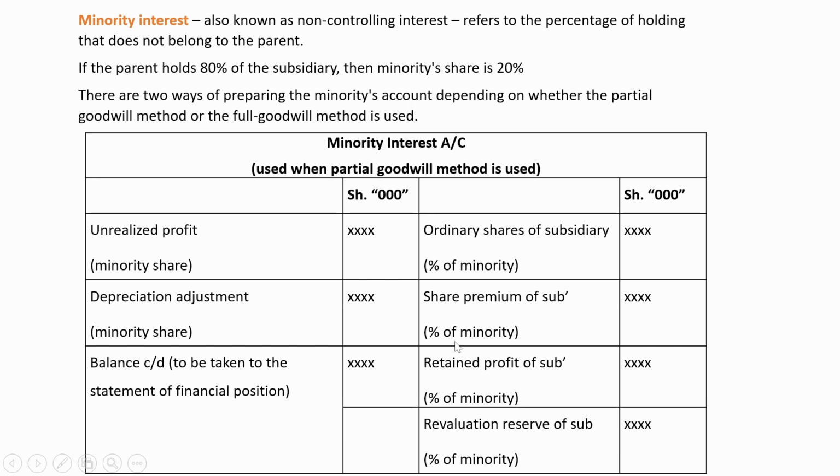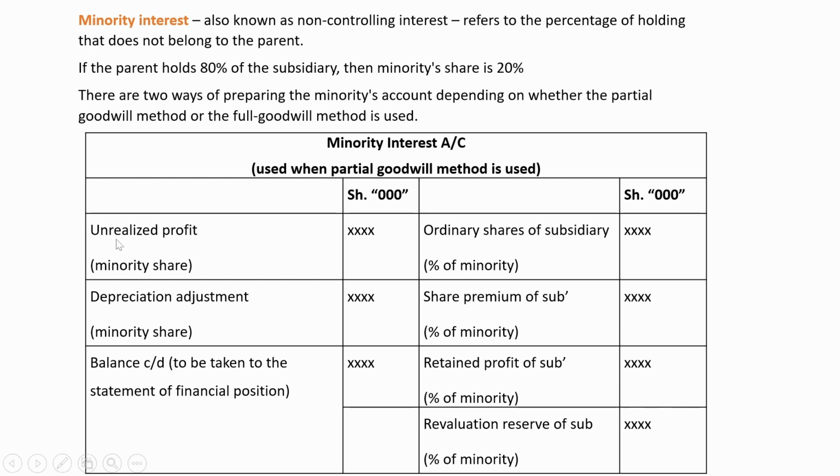Each one of these should be multiplied by the percentage of minority. So all items shown under equity and reserves of the subsidiary should be brought here. You take the minority's share. Then on the debit side, any expense that can be shared by the minority that was not included in the consolidated income statement should be brought here.